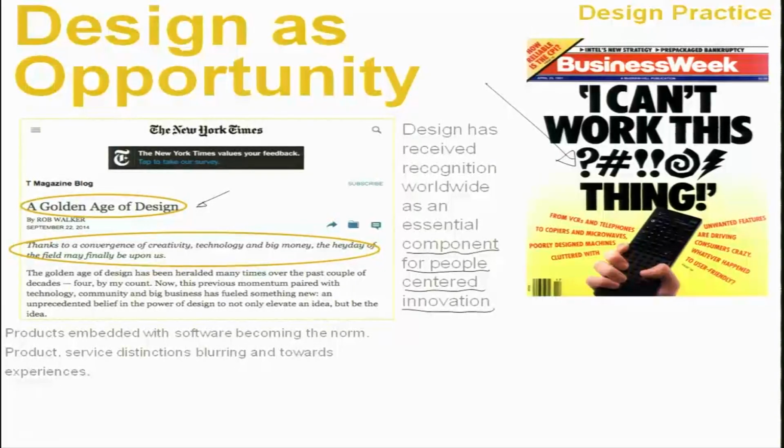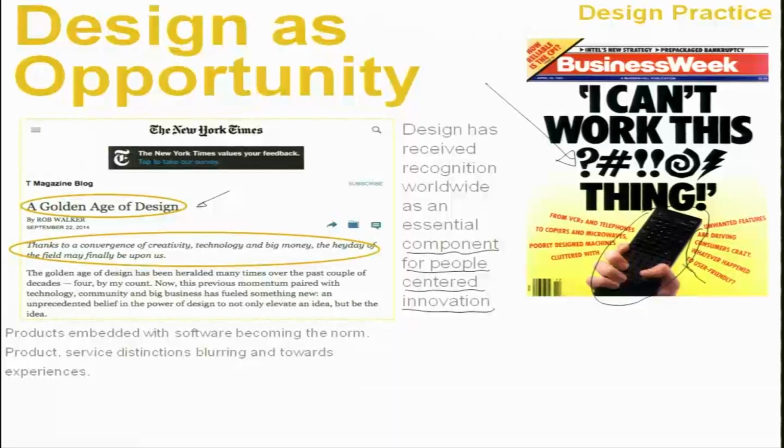For example, the best example can be pointed out in this particular image, which shows a remote mostly used for VCRs or telephones, and people find it so unwanted and with so many features that it can drive consumers crazy. Although this concept of a remote makes life easier and satisfies a basic need, that you could sit in one place and relax while operating equipment without going up to the equipment and switching it on, in spite of the fact that it addresses the basic need, the layout is highly confusing for the consumer, so people would simply not like to use it.